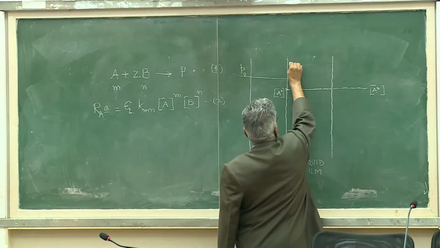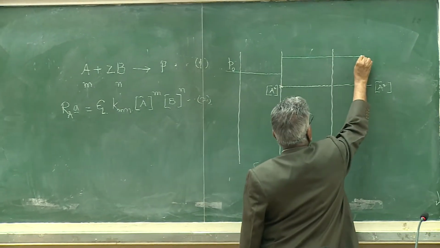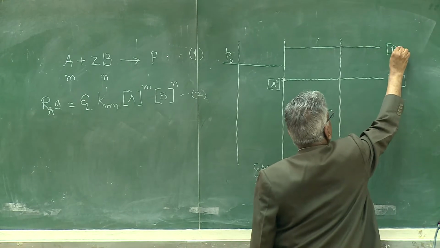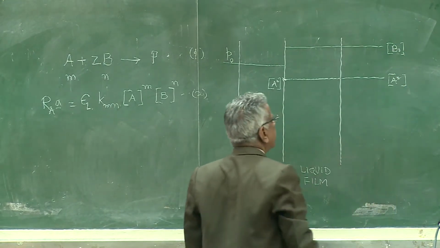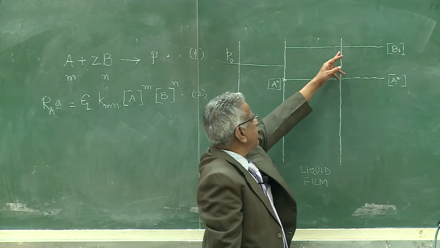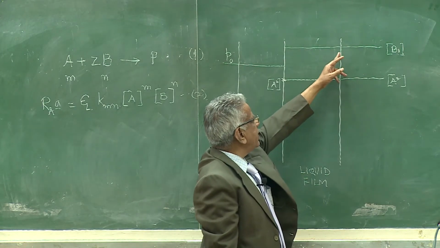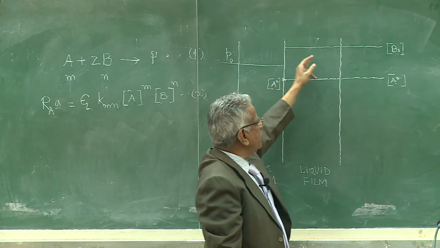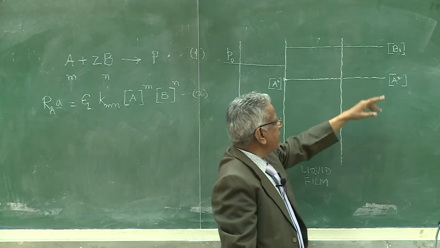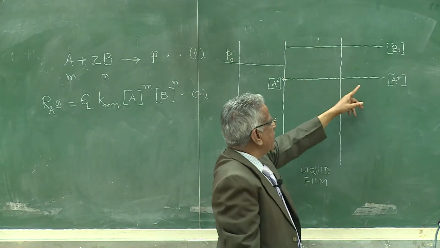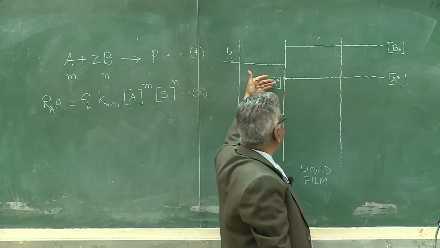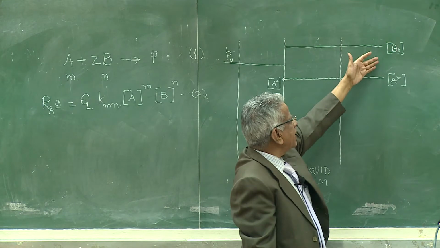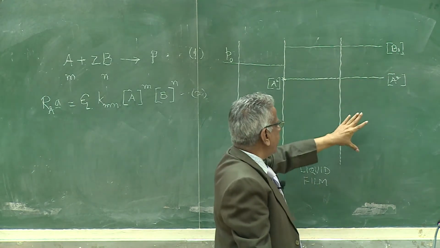Whereas, the liquid concentration is B naught. As you see here, I have taken B naught to be uniform in the film and equal to the liquid phase concentration. Now gas is getting dissolved and going into the liquid, and the reaction is occurring between A star and B naught.